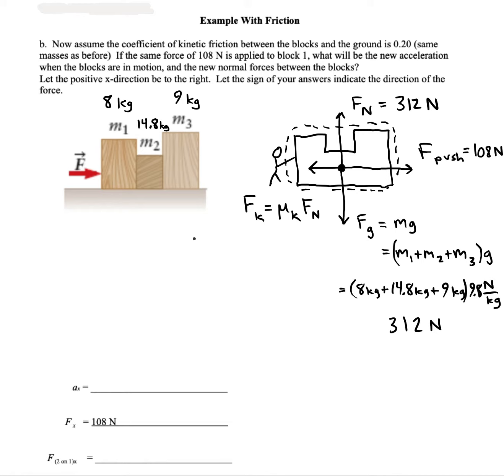So let's plug in. We'll have Fk equals 0.2. That was the coefficient of kinetic friction they gave here. And we'll multiply by the 312 newtons, so it's going to be 62.3 newtons.